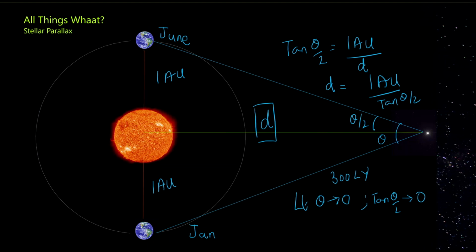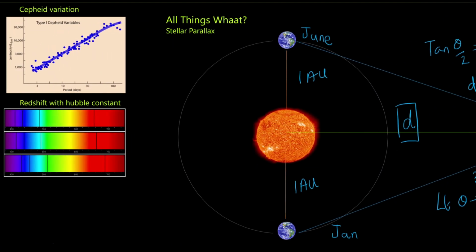In the first approach, we call it the cepheid variation. With this approach, in the early 1900s, an astronomer named Henrietta Swan Leavitt from Harvard College Observatory discovered that certain stars cycle through their brightest and dimmest luminosity in very consistent manners. So these were called the cepheid stars. And more interestingly, there was a correlation between the luminosity and the duration of the cycle.